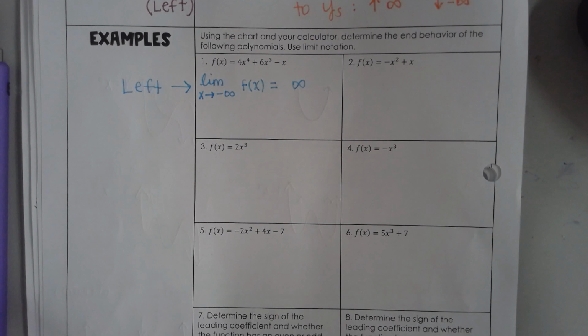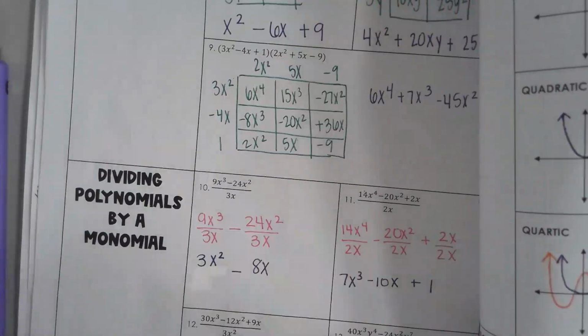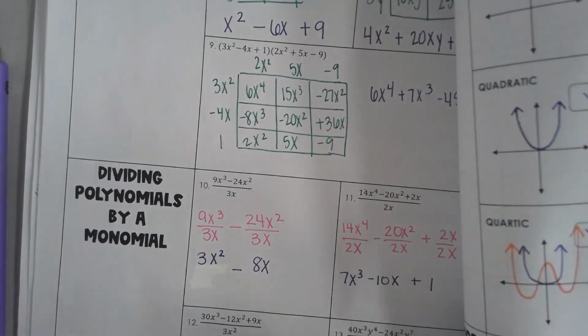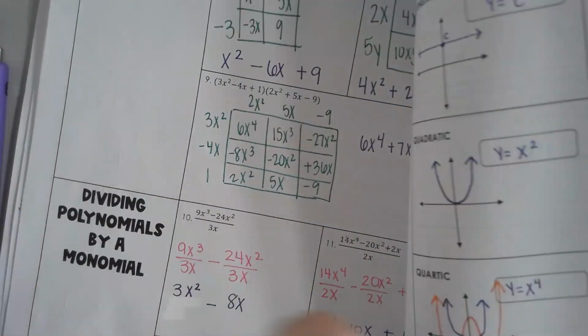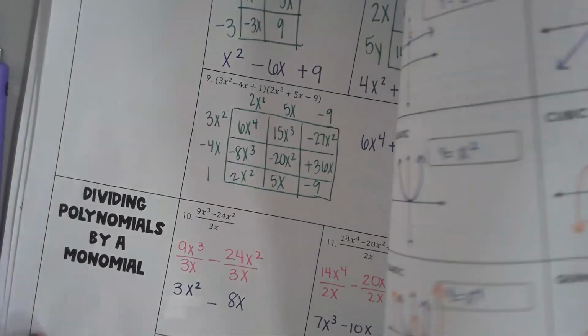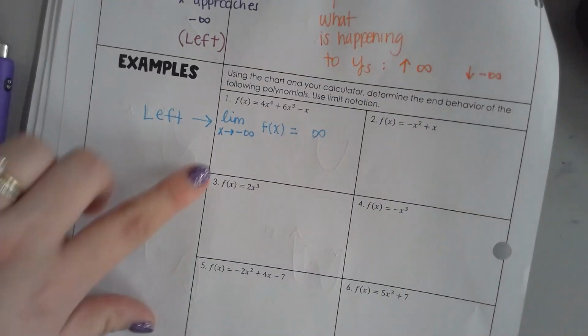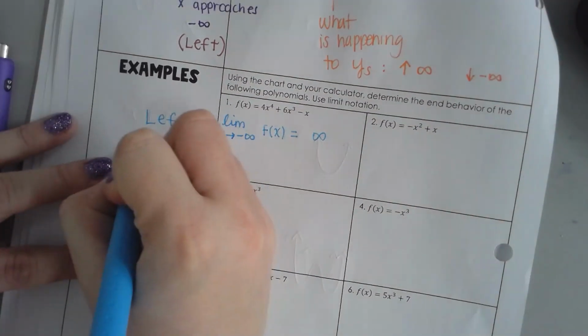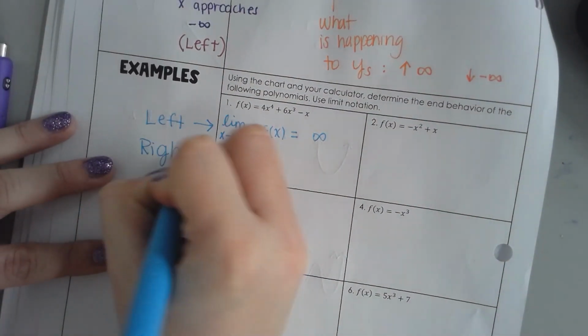We could have also looked at our chart to determine this. An even degree, positive coefficient, which means they're both going to point up. So the left one points up to infinity, the right one points up to infinity. So that's the left, and then we do the same thing for the right.